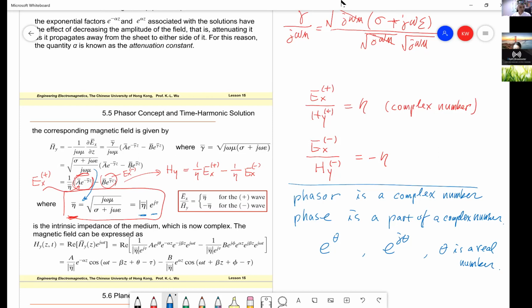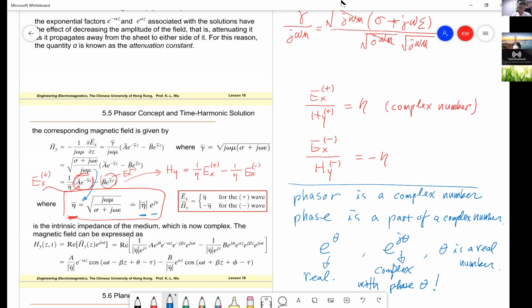So what is the difference? This is just an ordinary real number. This is real. This is complex, with phase theta.